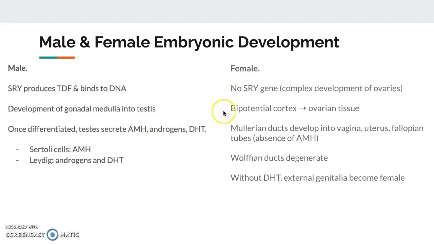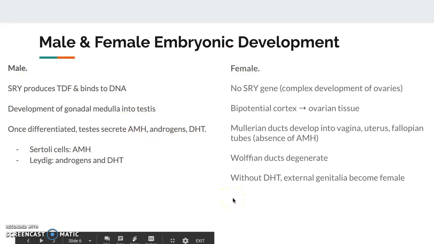No SRY gene triggers the bipotential cortex to develop into ovarian tissue and for the medulla to degenerate. The Mullerian ducts will develop into vagina, uterus, and fallopian tubes in the absence of anti-Mullerian hormone. The Wolffian ducts will degenerate, and without DHT, we see here, the external genitalia become female. So essentially, female development is sort of the absence of all of these hormones and genes in the male development. That's how I remembered it.